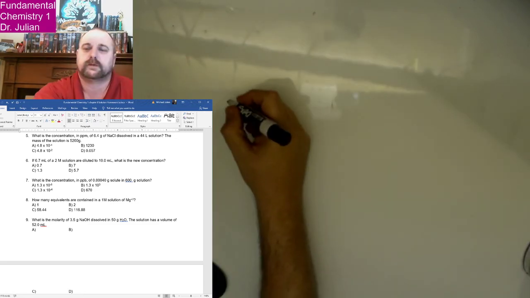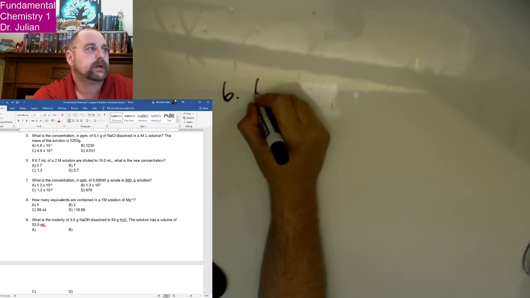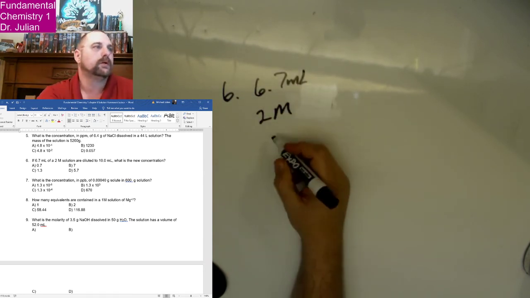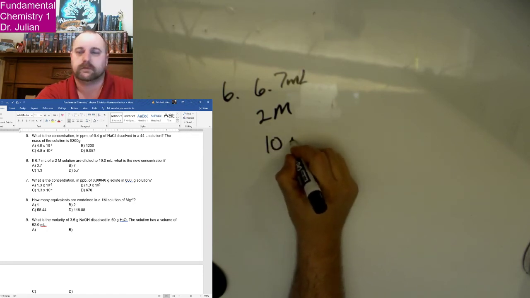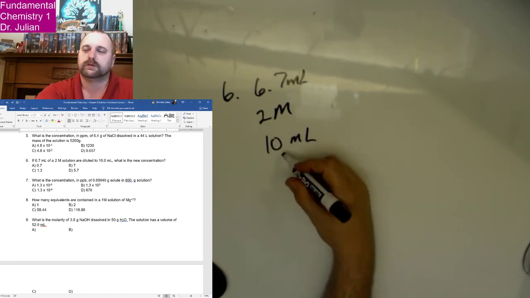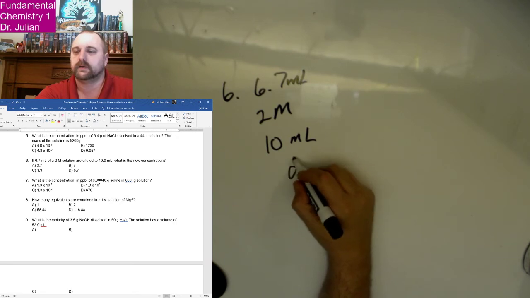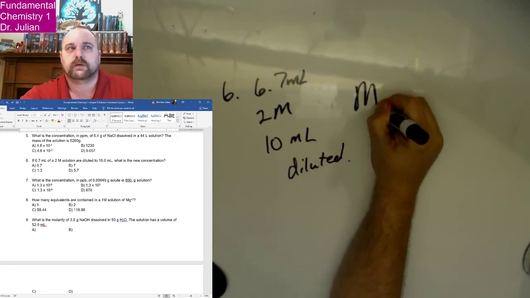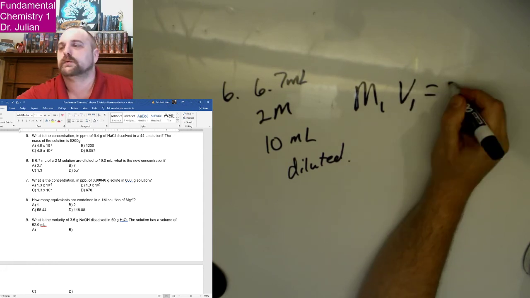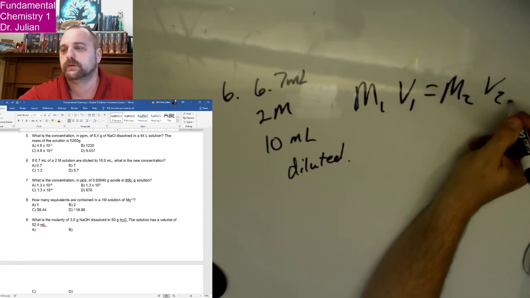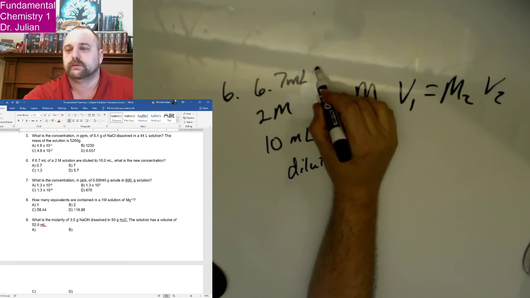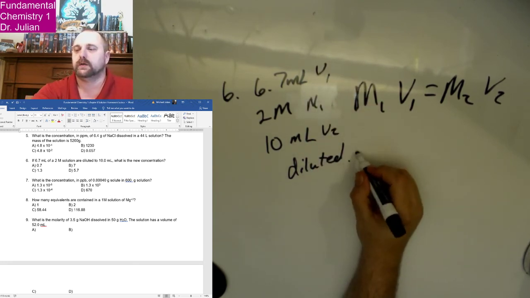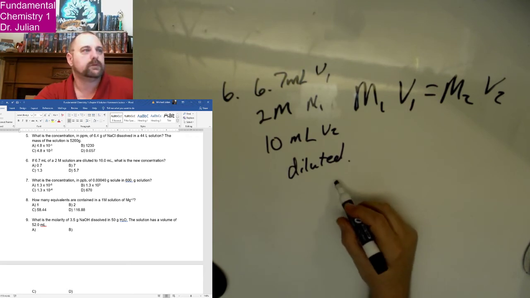All right, 6. We got 6.7 milliliters. We got 2 molar. I got 10 milliliters. A new concentration. And I see this word diluted. Diluted tells me M1V1 equals M2V2. This is V1. This is M1. This is V2. And we want M2.